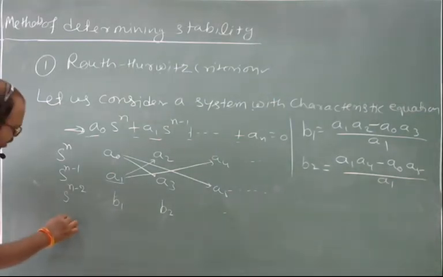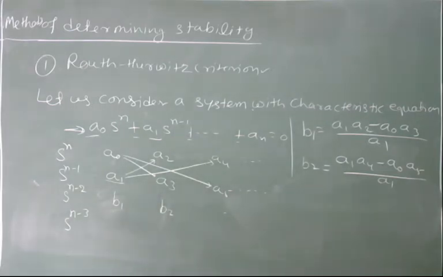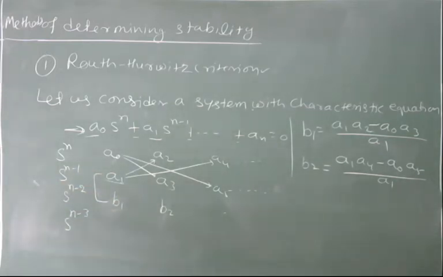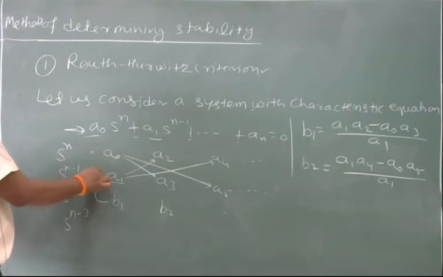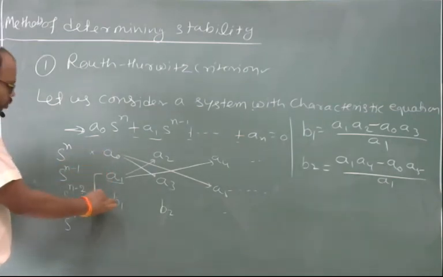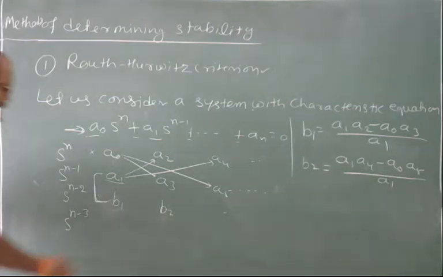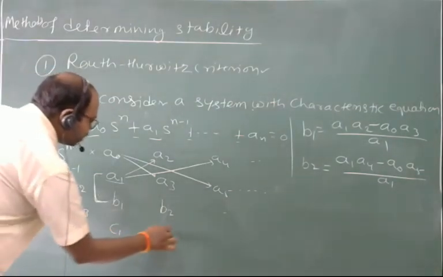Then s power n minus 3. For the elements of this row, I'll skip the first row and I'll consider these two rows. And the process is same. Let us consider this one is c1 and this one is c2.